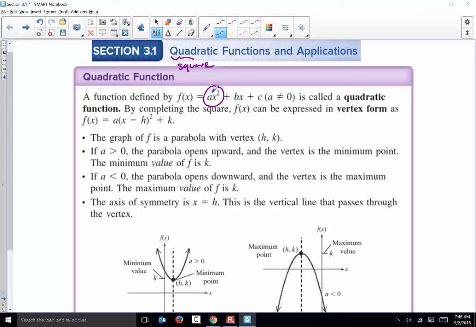So basically I call these functions square functions because they start with a square, and you may have two more terms following the square, but these are optional. What makes a quadratic function really called quadratic is that very first square term. You must have it present. The other two are optional.